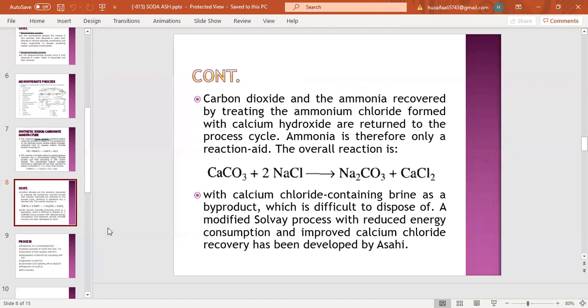A modified Solvay process with reduced energy consumption and improved calcium chloride recovery has been developed by ASHI.